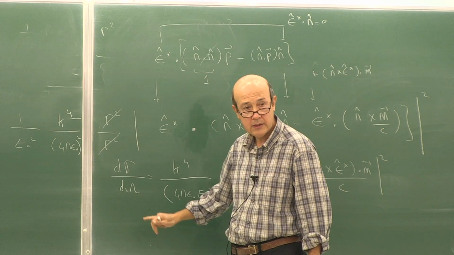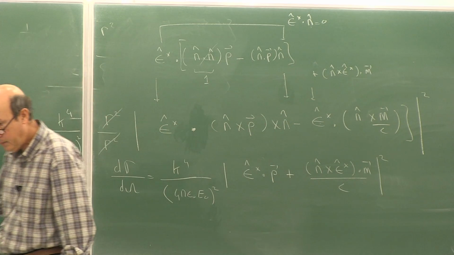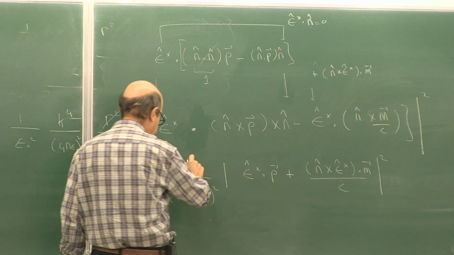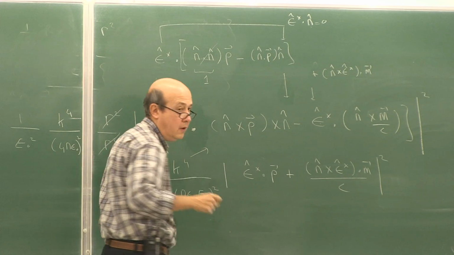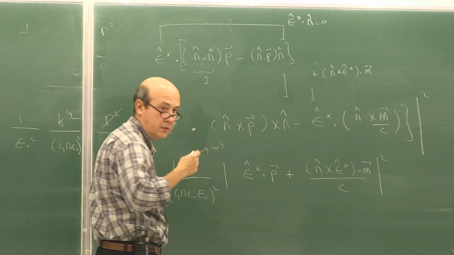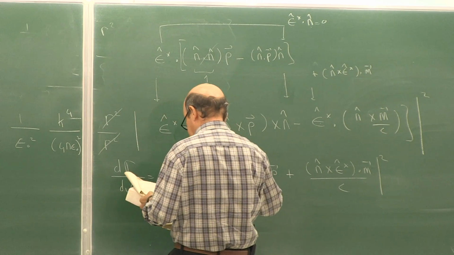And here, in all sorts of formulas related with the dipoles, these are related with k to the 4. K to the 4 is nothing but omega to the 4, and that is related with what?